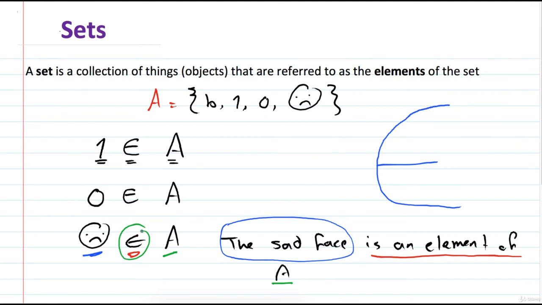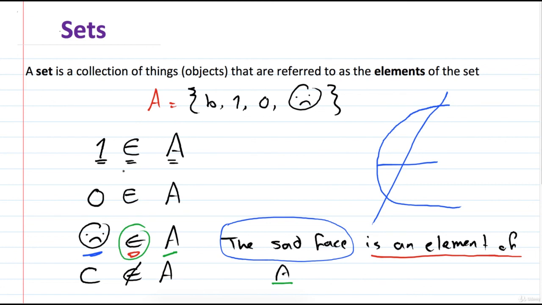So this symbol that we have right here is the symbol of an element of, and you use it in order to show that an element or a thing or an object is an element of a set. If you want to show that something is not an element of a set, well, you're just going to put a line on it. So if I want to say that the letter C, as you can see, C is not in this set, C is not an element of A. That is basically what I write.